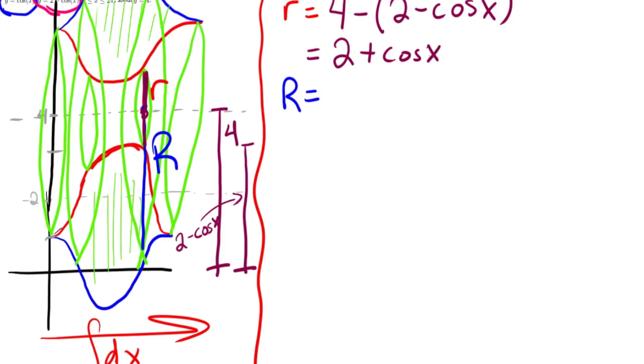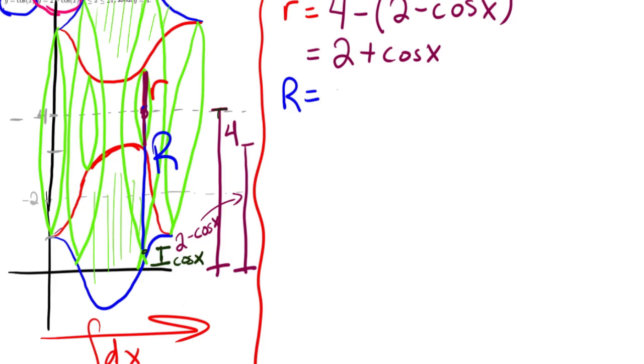Okay, and then the big radius, same kind of deal. I know that from here to here is 4, but this time I'm going to take away the distance from here to here, which is cosine of x.